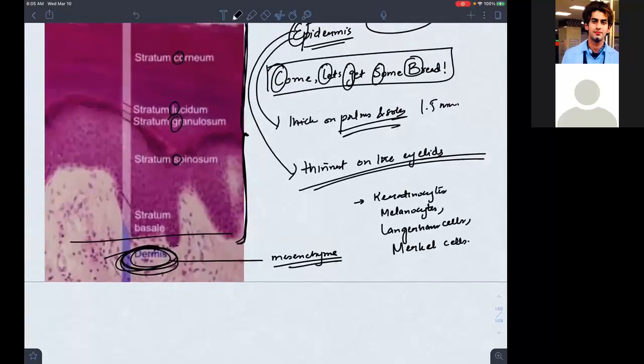So if I go from bottom to top, what is the arrangement? It is stratum basal, stratum spinosum, stratum granulosum, stratum lucidum, stratum corneum. This is the way we are going from bottom to top.